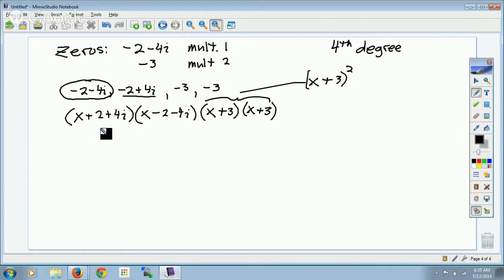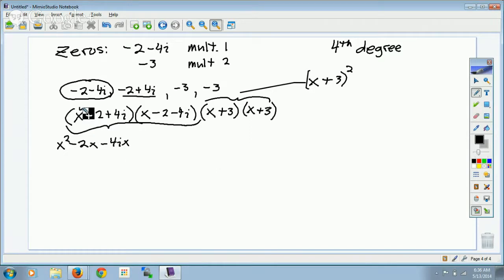So the hard part is multiplying these two together, so let's get that out of the way. And the nice thing about multiplying conjugate pairs is that the i's always disappear. If they don't disappear, then you screwed up, or I screwed up, or somebody screwed up. So multiplying the x first, I'm going to get x squared minus 2x minus 4ix.